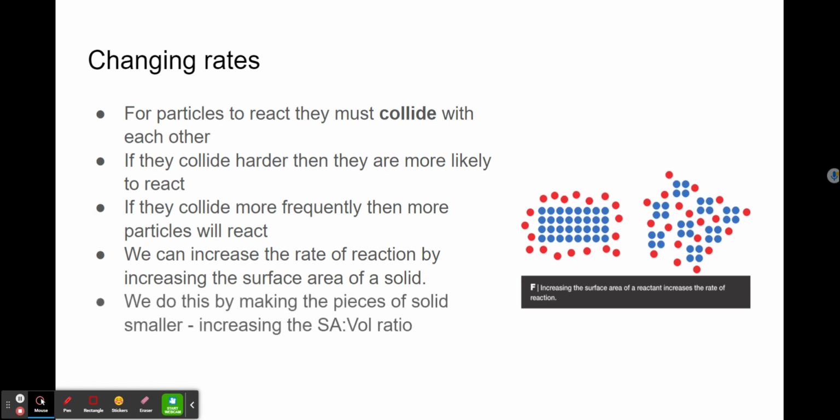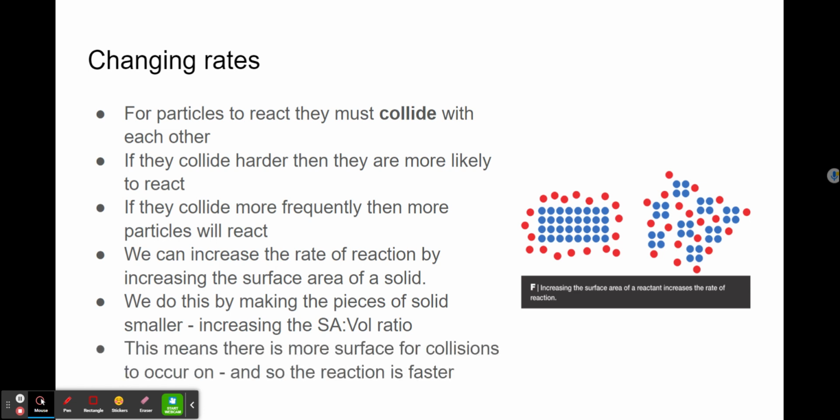That means that we've got an increased surface area to volume ratio, and it means that there are more surfaces for the particles to collide. There's more surface for collisions to occur on, and so we get more frequent collisions, and so the reaction goes faster. So it's just one example of something that we can change about a reaction to make it work more quickly.